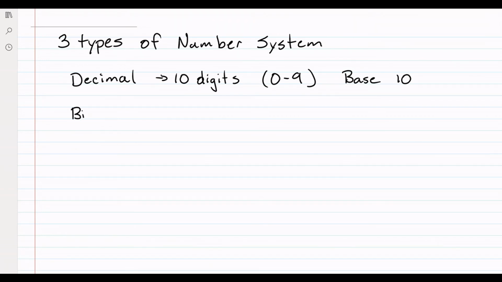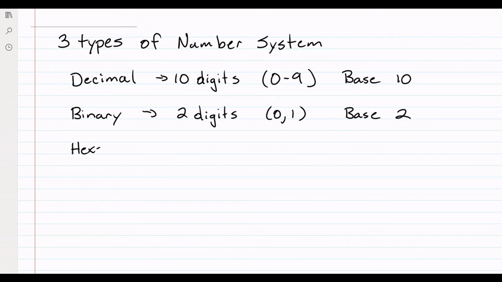So binary numbers have only 2 digits, 0 and 1. So they are a base 2 number system. And then there is hexadecimal, which has 16 digits.